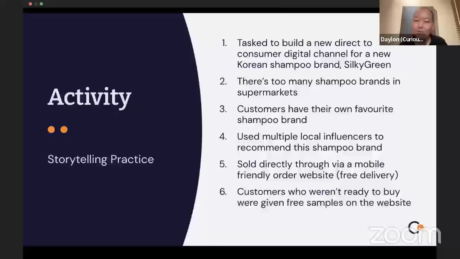Another insight that we get is that people can relate to these influencers more than to high-end celebrities, for example. With the fact that everyone now has mobile phones, we will have a website that allows them to order.